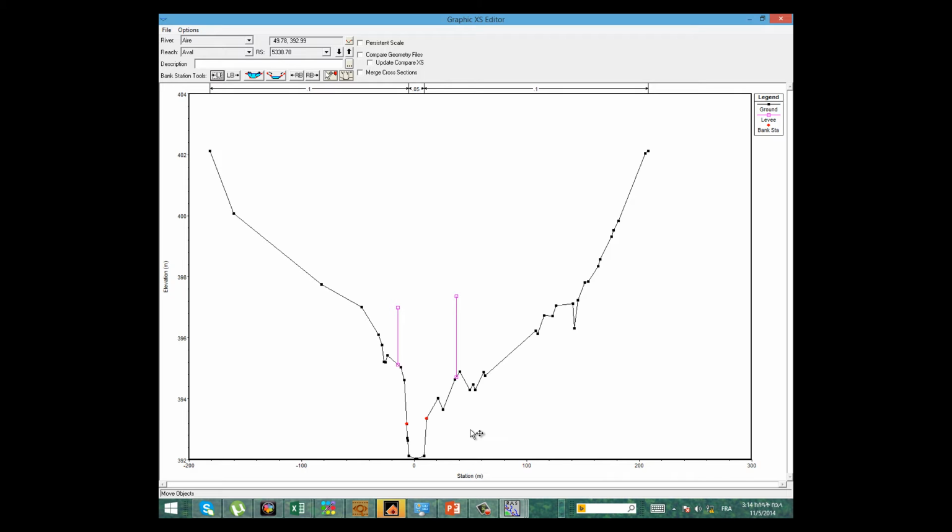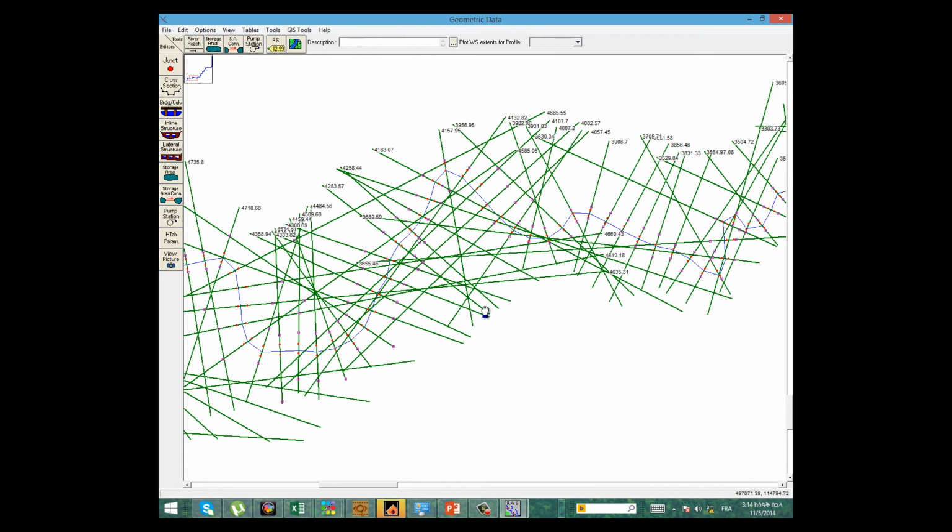So if there are structures along the side of the river, then those structures must be considered in the design. These are the most important parts in dealing with the cross sections.